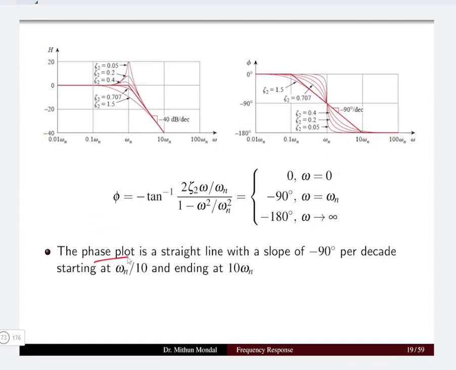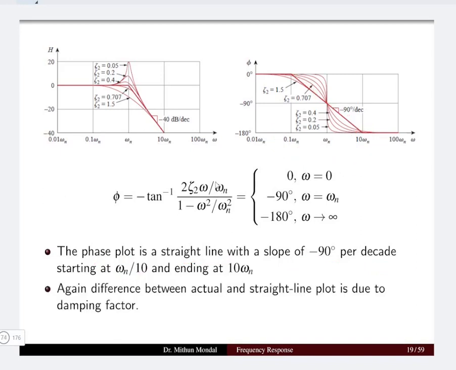The phase plot is a straight line, if we see, with a slope of minus 90 degrees per decade between the frequency of omega n by 10, that is 0.1 times omega n, and ending at 10 omega n. So between these two frequencies, we will have a slope decrease of minus 90 degrees per decade.